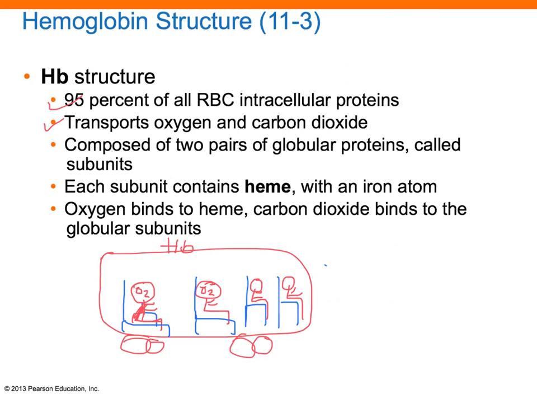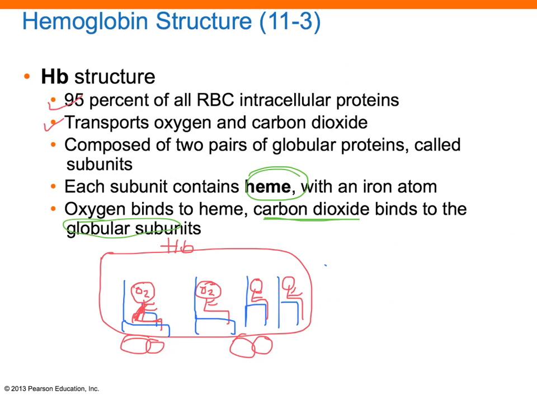Something else I want to point out is that the hemoglobin structure also contains heme, okay, and it's the heme that would bind to oxygen, but carbon dioxide also has to be transported. So those are bound to what we call globular subunits, which also makes up hemoglobin.